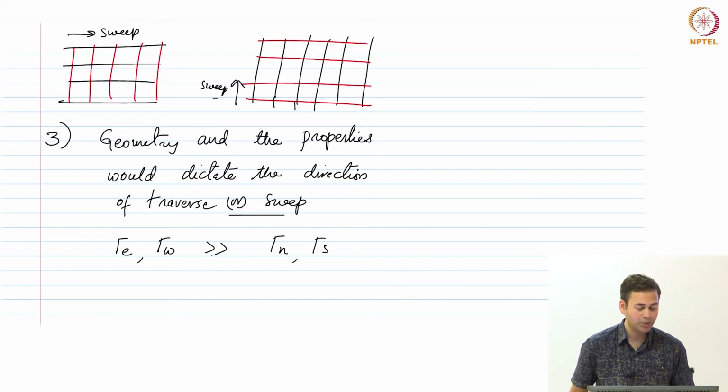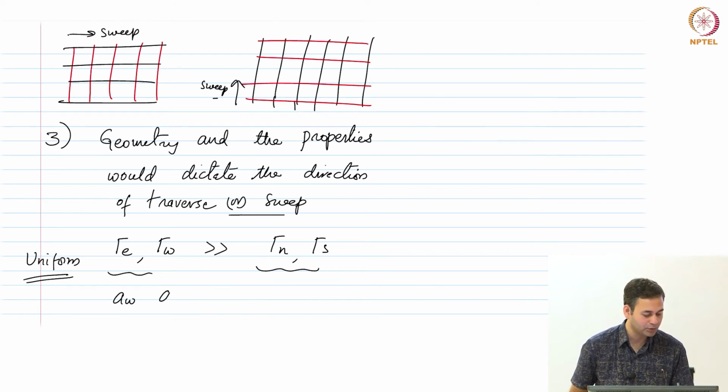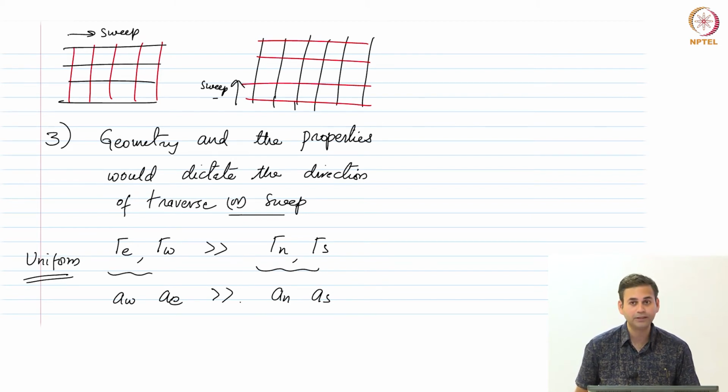If you have a uniform mesh, then A east and A west in comparison to A north and A south would be larger, right? As a result, you would like to choose the traverse in the east west direction, right? That is clear.